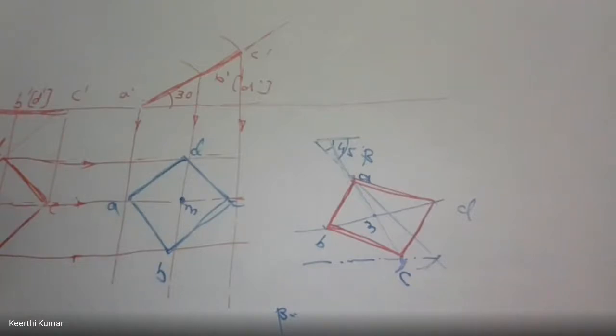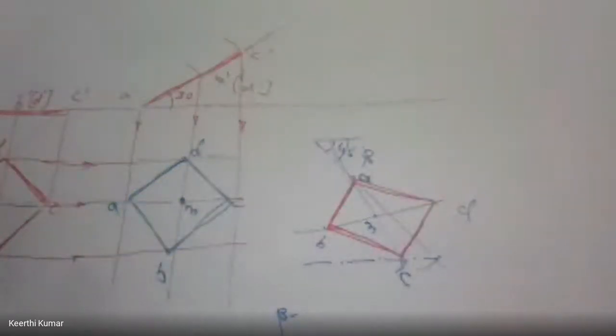Take this problem. A pentagonal lamina of 25 mm sides. What is the other name for sides? The other name for sides is edges.